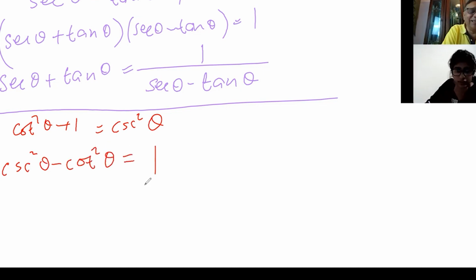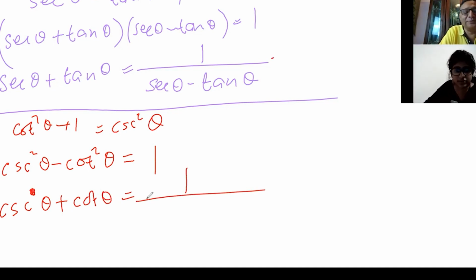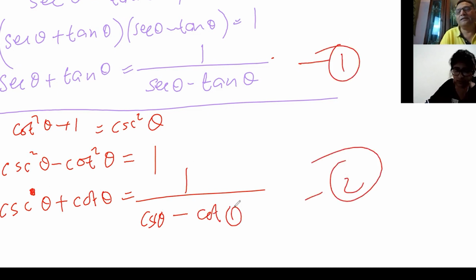And that means, let me just do difference of squares, cosecant theta plus cot theta equals 1 over, following the same steps, cosecant theta minus cot theta. Do you see that? Okay. So from those identities, we get these additional results, which you can use in proving identities.